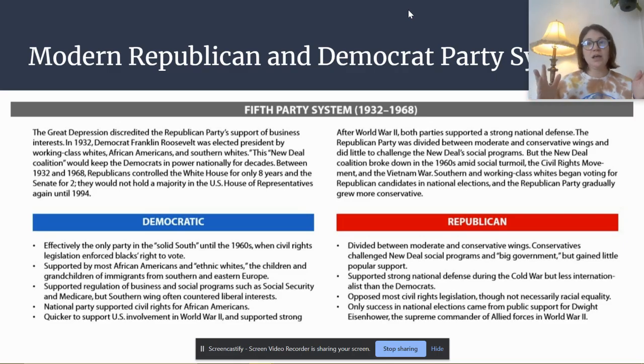It's really in this fifth party system that we start to see things realigning, where the Republicans are going to become increasingly more Southern and increasingly more conservative, against big government programs like the Democratic New Deal. We're also going to see the Democratic Party become increasingly more located in the North and in favor of things like civil rights and bigger use of government power.